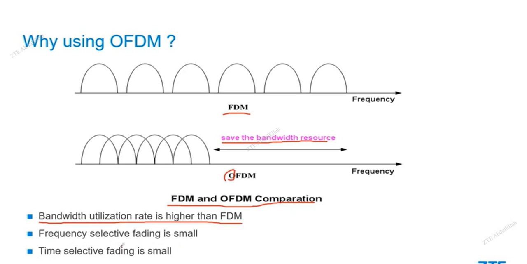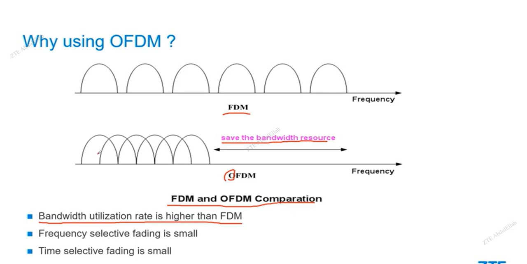But in LTE network, the subcarrier interval is very short, almost 15 kHz. And also in time, that interval is very, very small. So if the frequency interval and time interval are small, that means the fading also will be small.